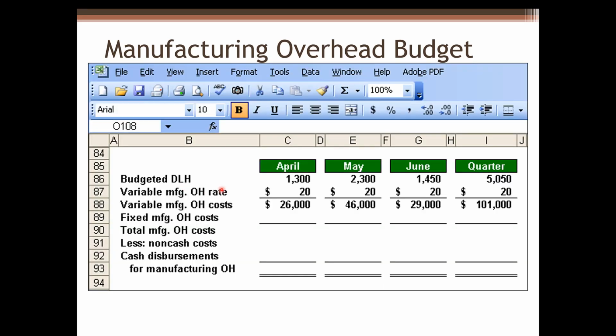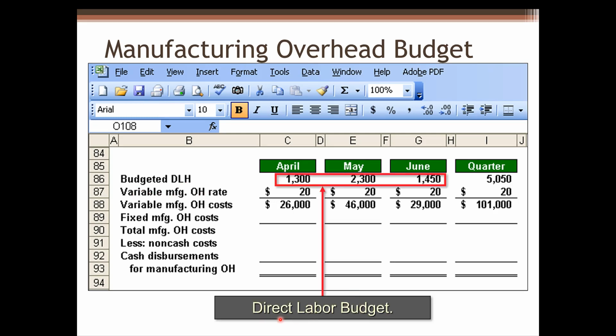Manufacturing overhead for this company includes a variable portion and a fixed portion. MO allocation base is direct labor hours. So to get the total variable MO costs, we can use budgeted direct labor hours multiplied by the variable MO rate. From the direct labor budget, we can get budgeted direct labor hours for each month.